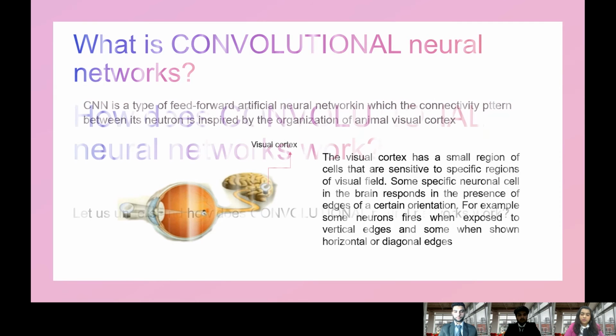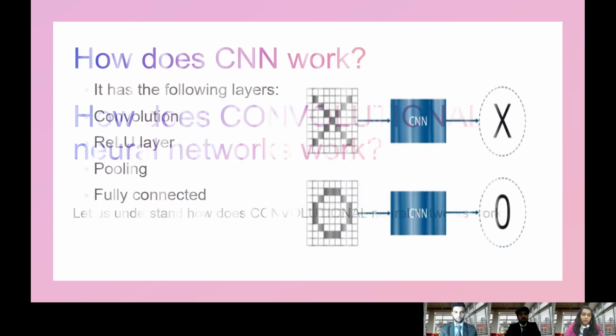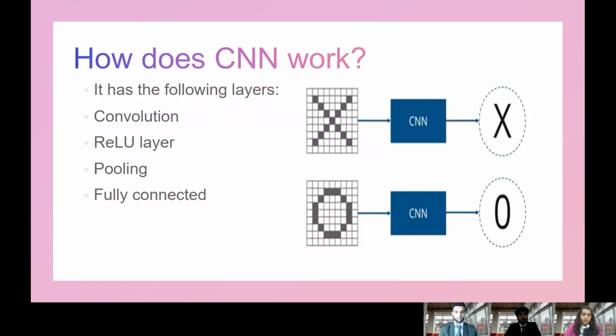How does a convolutional neural network work? Let us understand how a CNN works. It has the following layers: convolutional, ReLU layer, pooling, and fully connected. As shown, an X in pixels is like the left image, and as it actually looks like an X, both images classify the pixels.